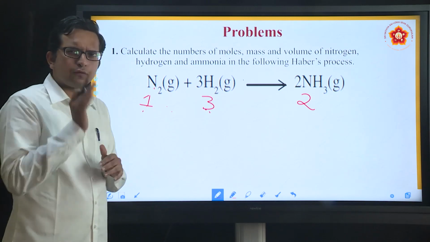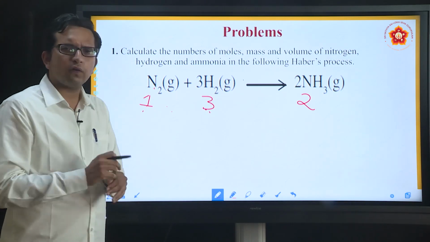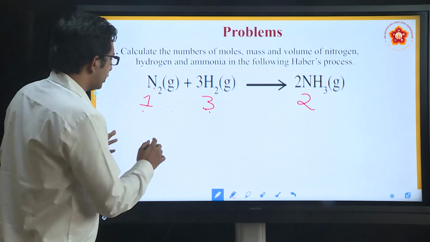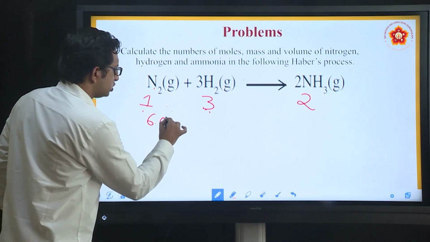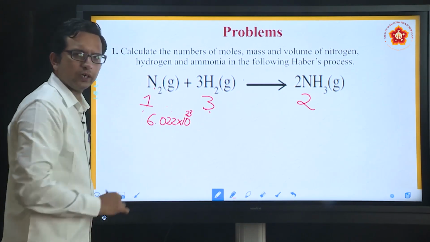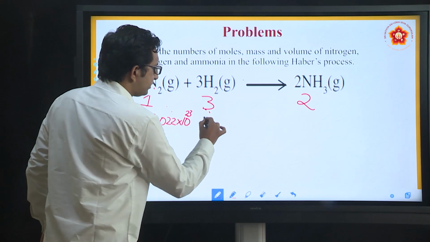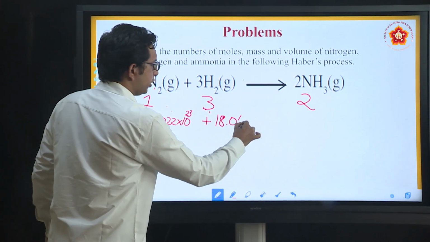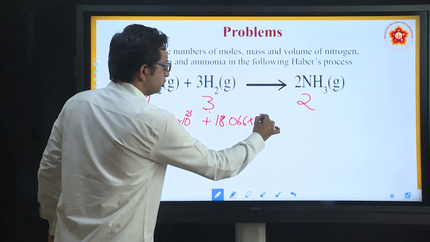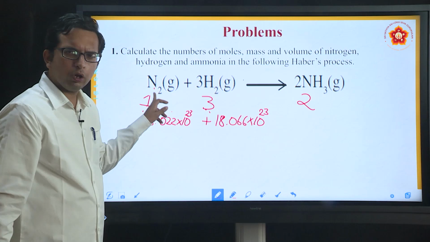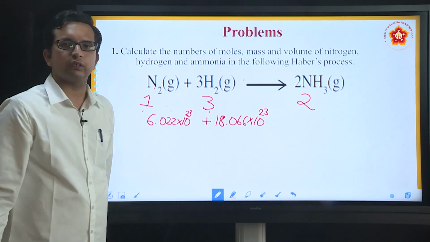Now if I have to talk in terms of the number of particles, which is nothing but Avogadro's number, then what can I do? I can tell that 6.022 into 10 raised to 23 molecules of nitrogen gas reacted with 3 into 6.022, which I can write as 18.066 into 10 raised to 23, because for 1 mole of nitrogen, 3 moles of hydrogen were required.